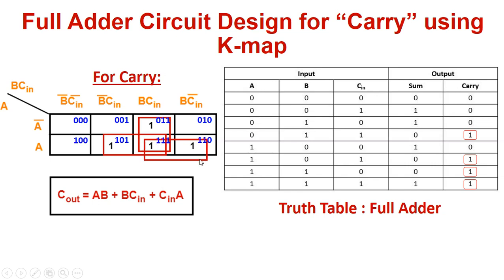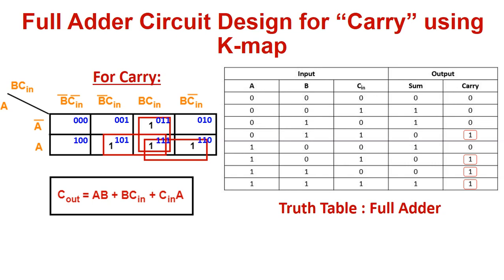In that pair also the common term is A, and from the columns we have the common term B. So AB, the first term, is formulated by the second pair. Now the third pair, formed by the cells 011 and 111, has the common term B, C in. So this middle term in the expression is formulated by the third pair. This way we can calculate the expression for the carry.